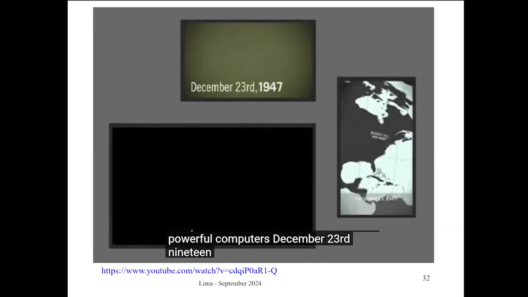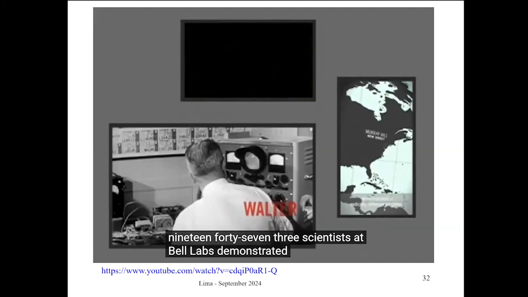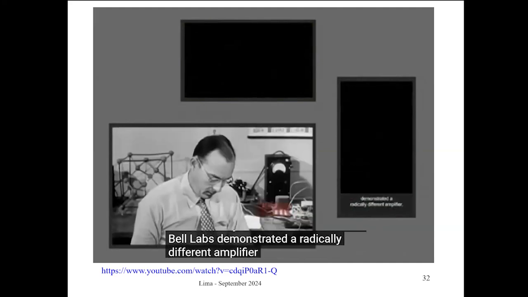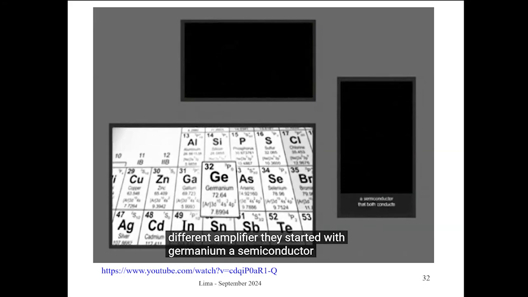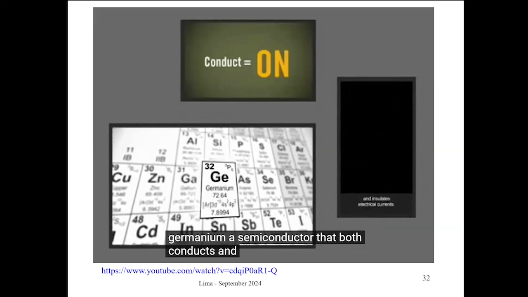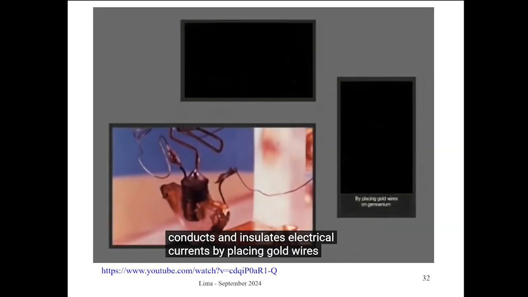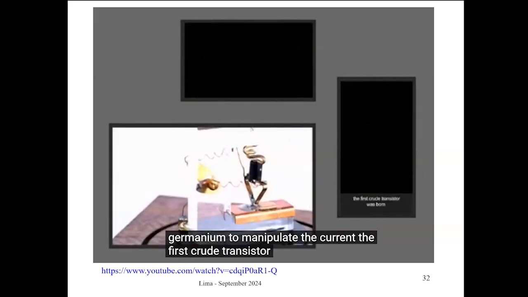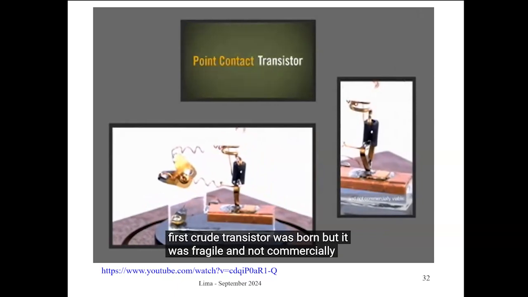December 23, 1947. 3 scientists at Bell Labs demonstrated a radically different amplifier. They started with germanium, a semiconductor that both conducts and insulates electrical currents. By placing gold wires on germanium to manipulate the current, the first crude transistor was born, but it was fragile and not commercially viable.